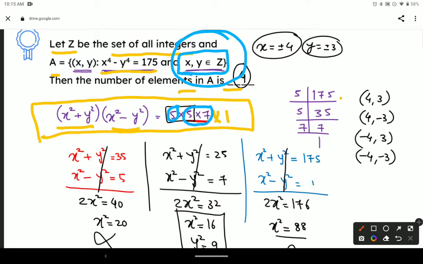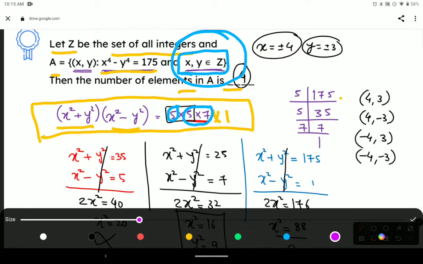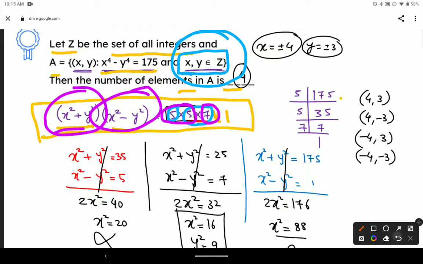And in the second case, see, x square plus y square we took as 25 and x square minus y square as 7, in the same order. Now here also I was adding these equations, so x square results to be 16.